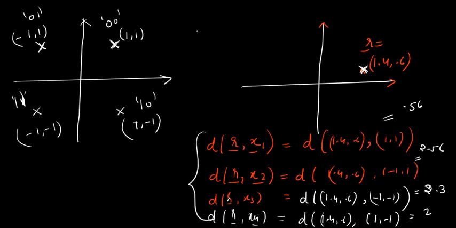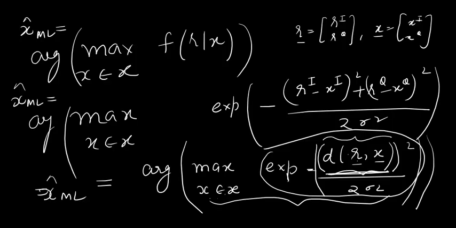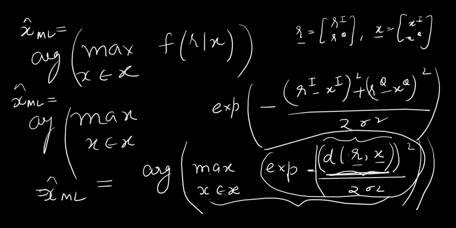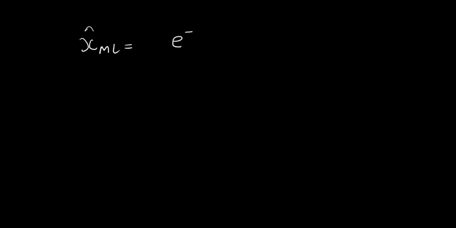So you have evaluated the distance. Now tell me, maximizing this, you put all these values: exponential of minus 0.56, exponential of minus 2.5, exponential of minus 2.3, exponential of minus.